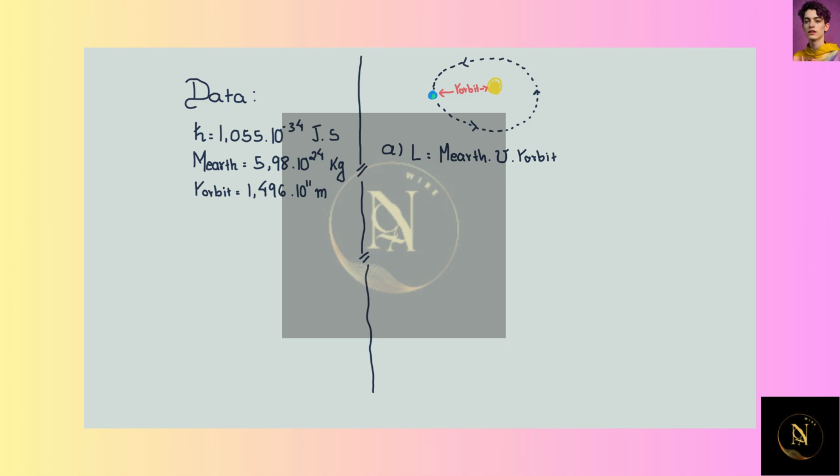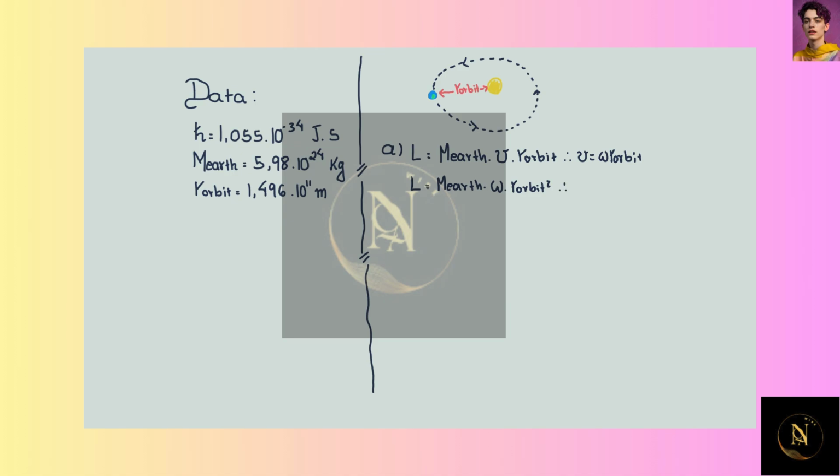Remember that we are approximating the orbit of the Earth as a circular movement, so the velocity is given by v equals omega times the radius of the orbit. So we can write L as the mass of the Earth times omega times r orbit squared.